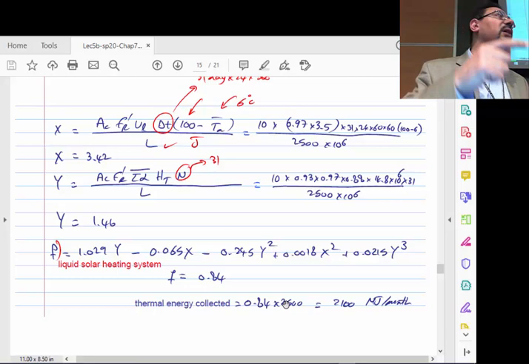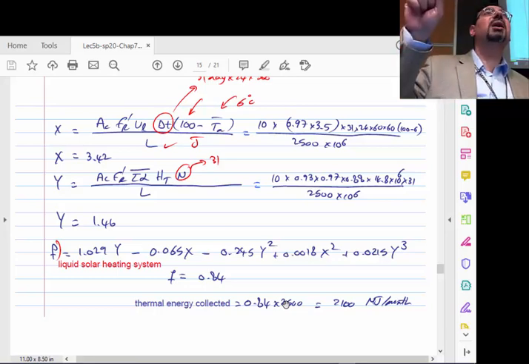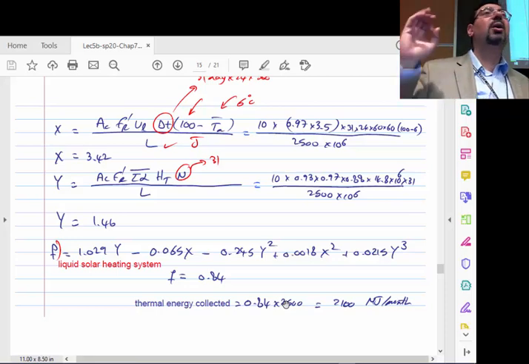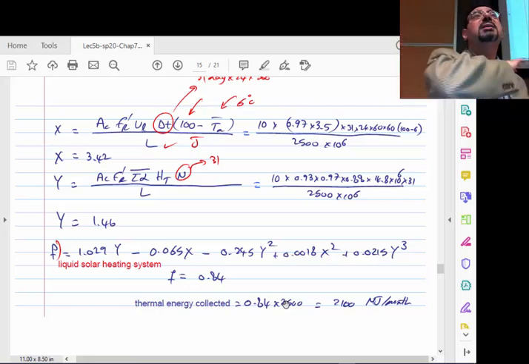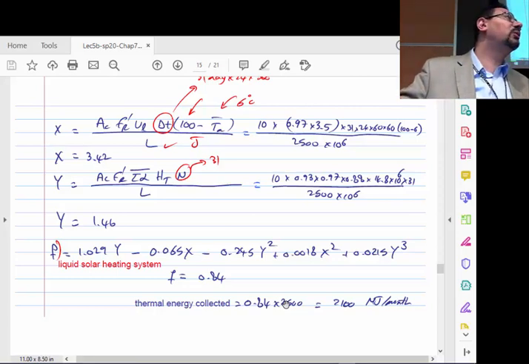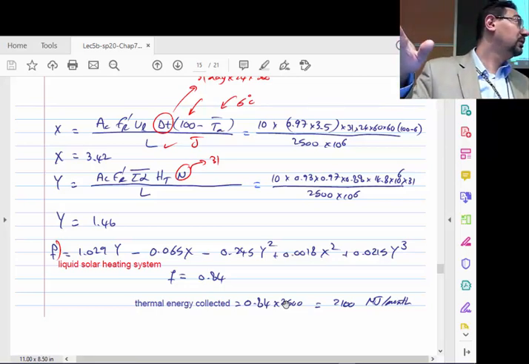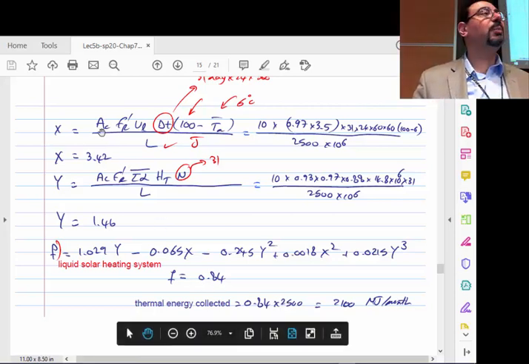So you make sure that no month has F less than 0.1. And in the other part he said, how many collectors do we need to meet 100% of the load by the sun throughout the year? We want F always to be 1 or higher. Same trick, you just keep playing with the A until you hit 1 for every single month.